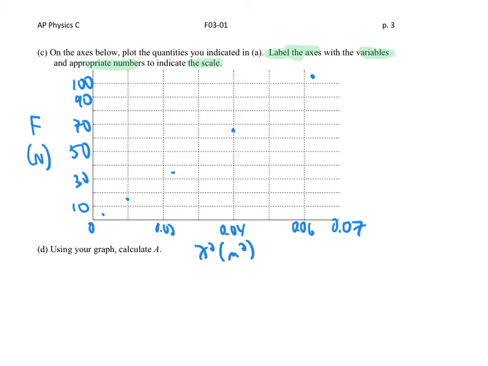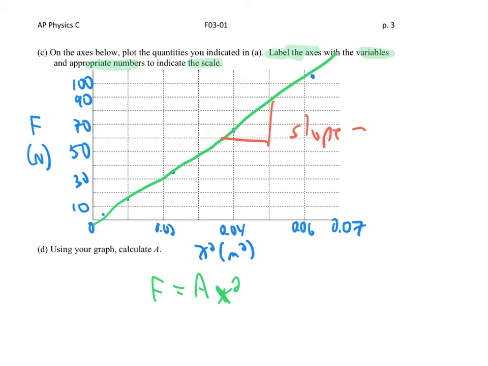All right, so that's our data. It looks believably linear, which is nice. So in principle, what I should do is draw a line. Freehanding a line on this is not easy, but something like that. That's not great. To get a, since I have that F is a times x squared, the slope of this line, any slope I pick, would be a.